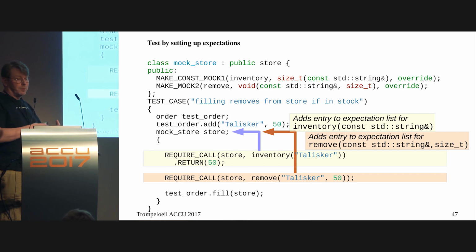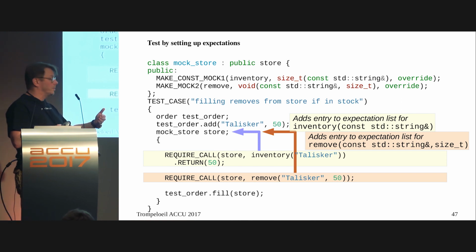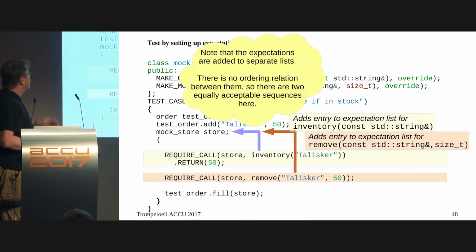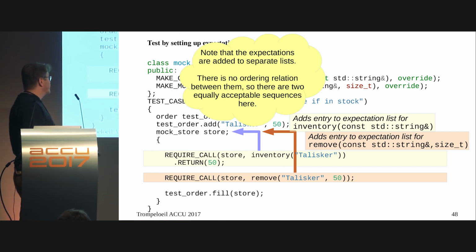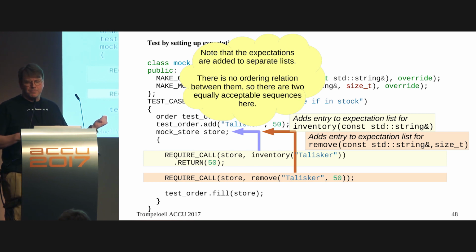So from Trompeloeil's perspective, these two are logically parallel. They can happen in any order, as long as both happen. So we have here two equally acceptable sequences. I agree that the chances of an implementation calling remove first and inventory then is pretty low.